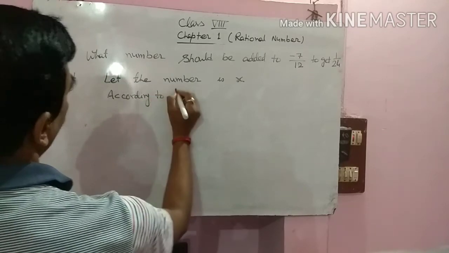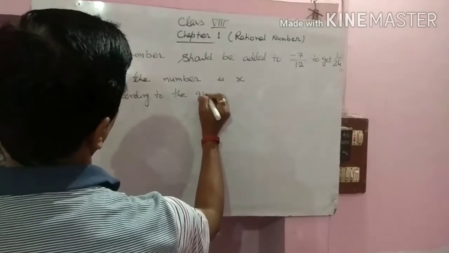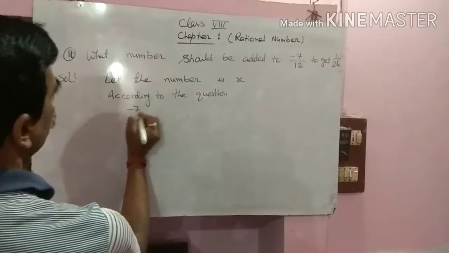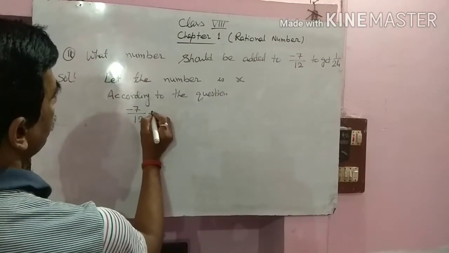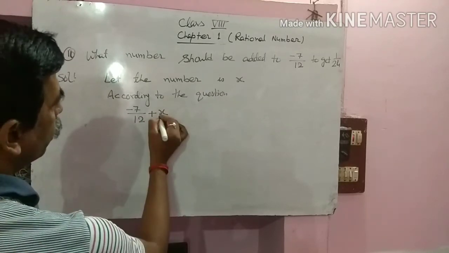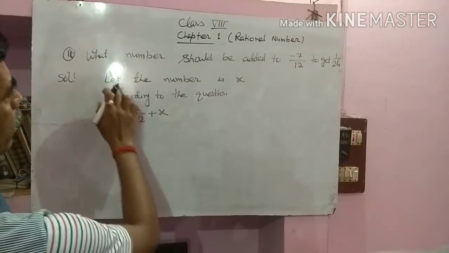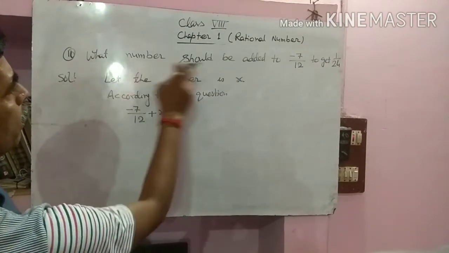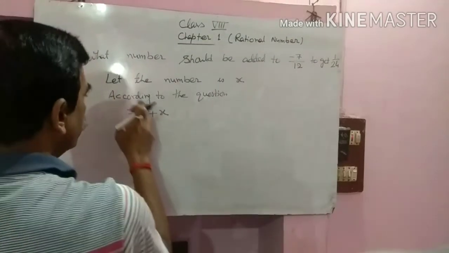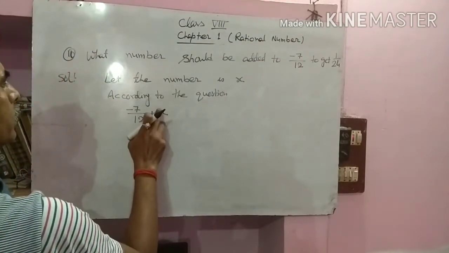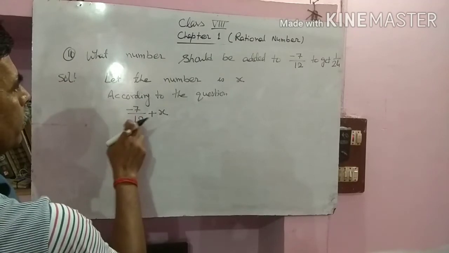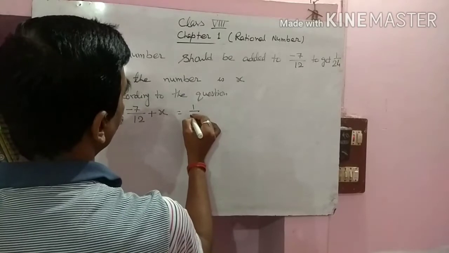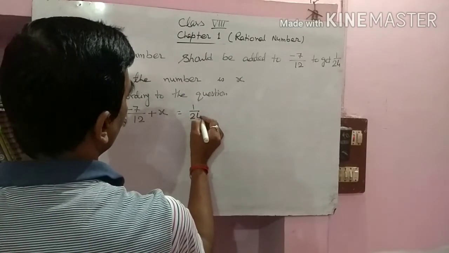According to the question, minus 7 by 12 plus x. The unknown number is x. What number should be added to minus 7 by 12? Means the unknown number is x. So the number given is minus 7 by 12 plus unknown number x is equal to 1 by 24.